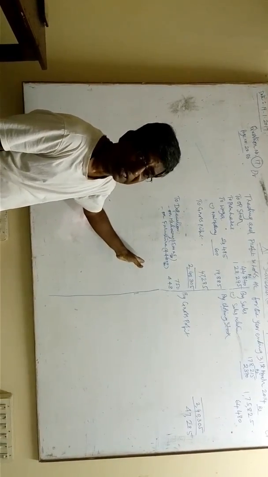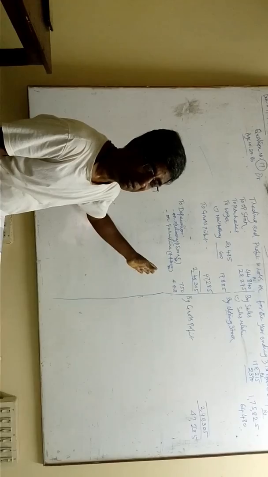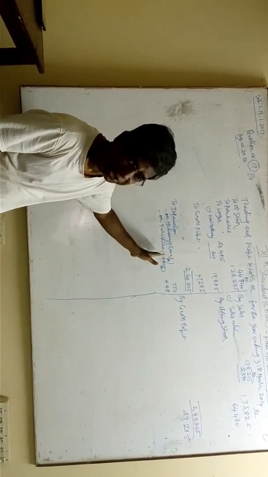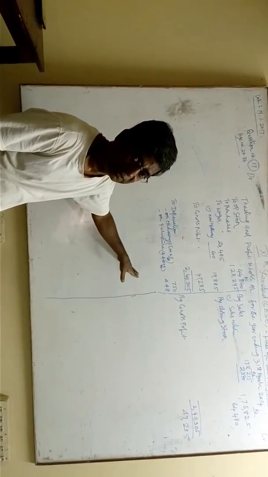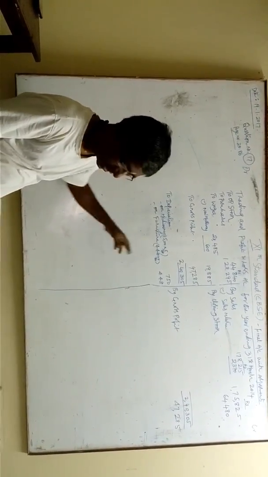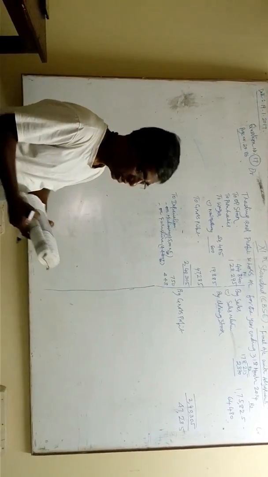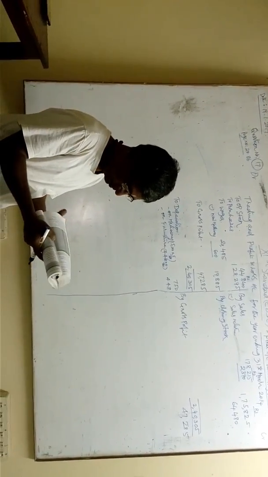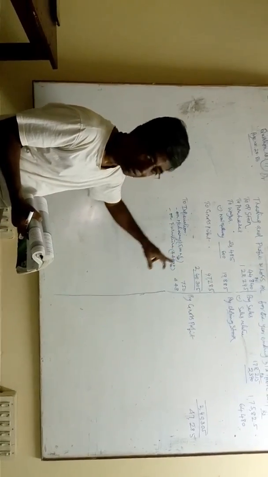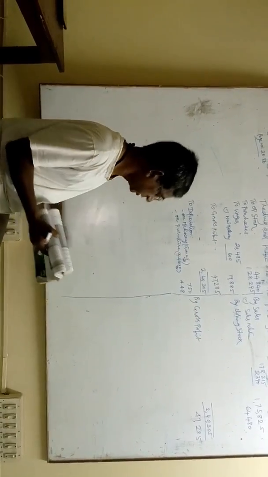Depreciation is known as diminution or reducing the value of an asset. That's why this depreciation should also be considered. So depreciation is on two items given, machinery and furniture. The rate of depreciation is given in adjustment number 6. Therefore, on machinery it is 5%, on furniture it is 10%.